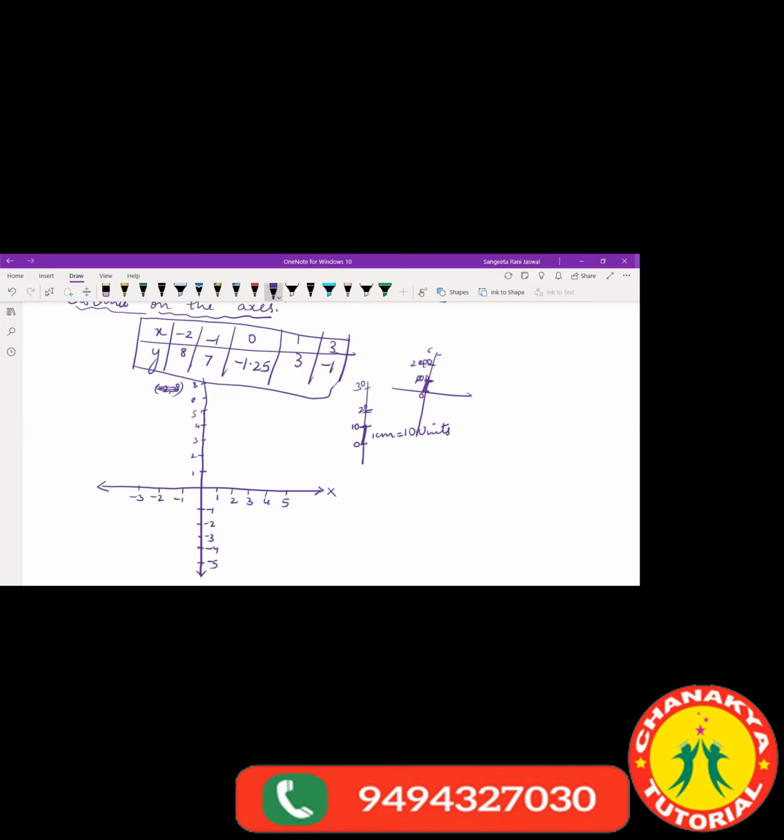Okay, now plotting the point -2, 8. Minus 2 is here and 8 is here. So 8 is here, minus 2 and 8. So that is इसके यहाँ पे लाइए, and this is the point minus 2, 8.